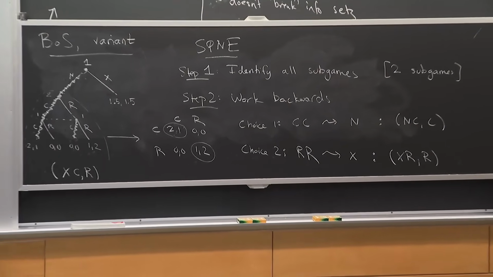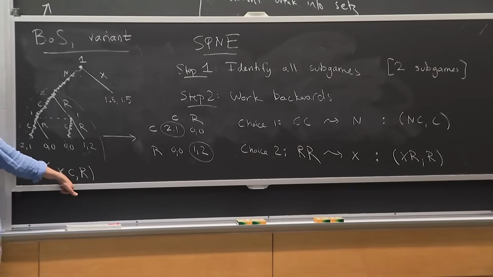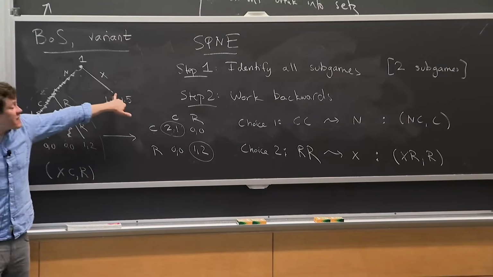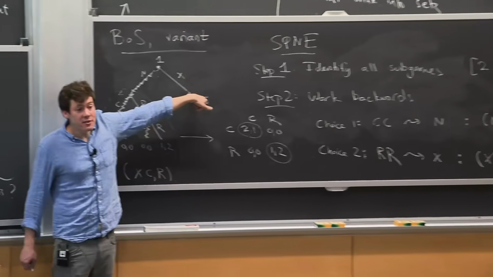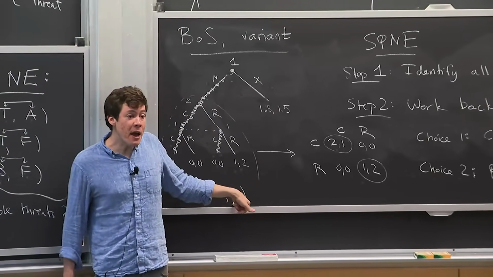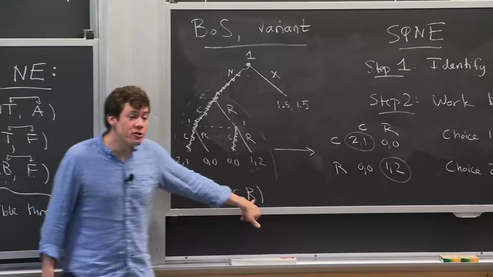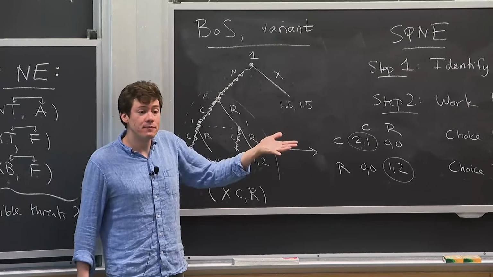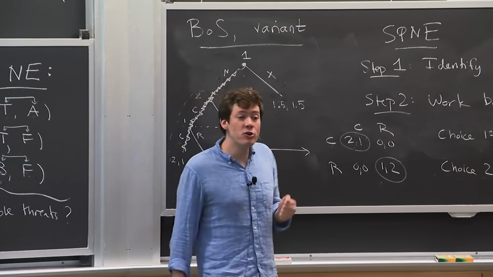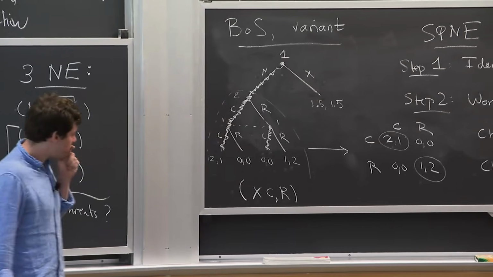Right, I mean, they have a complete contingent plan, but if player 1 is playing X, then we're definitely going to end up here, whatever player 2 does. So if player 2 were to deviate, the payoff would be exactly the same. And that means that any deviation by player 2 will not be profitable. No deviation is profitable, so player 2 does not have a profitable deviation.